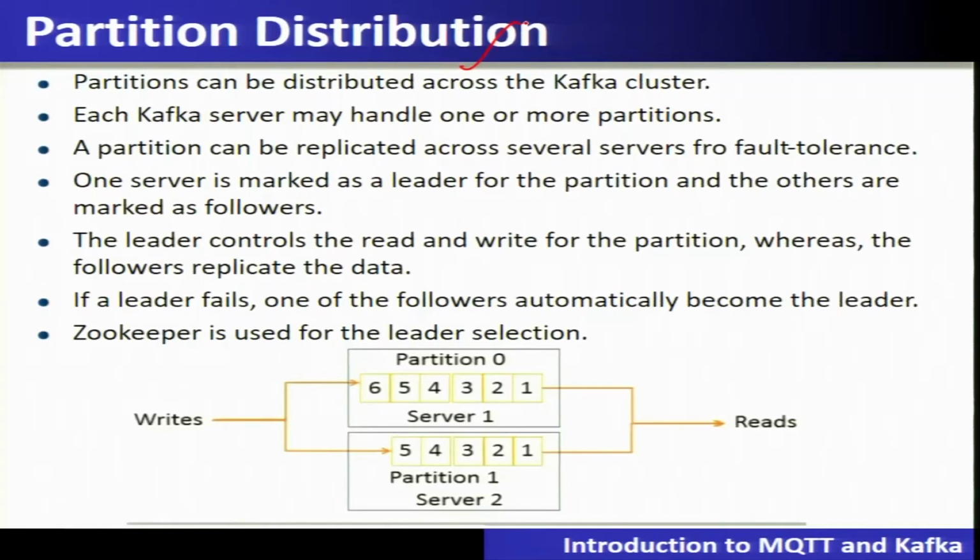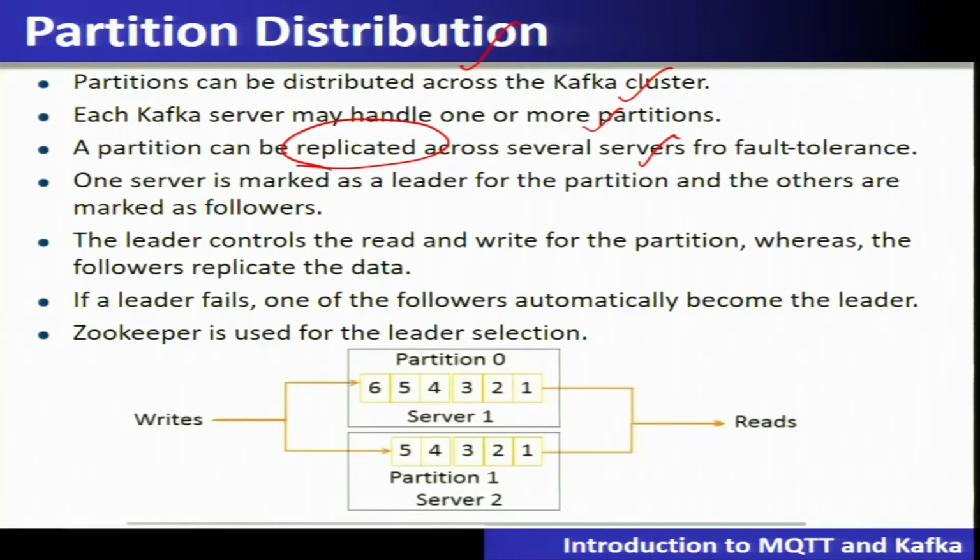Now partition distribution. Partitions can be distributed across the Kafka cluster, so a Kafka cluster may handle one or more partitions. A partition can be replicated along several servers to ensure fault tolerance.